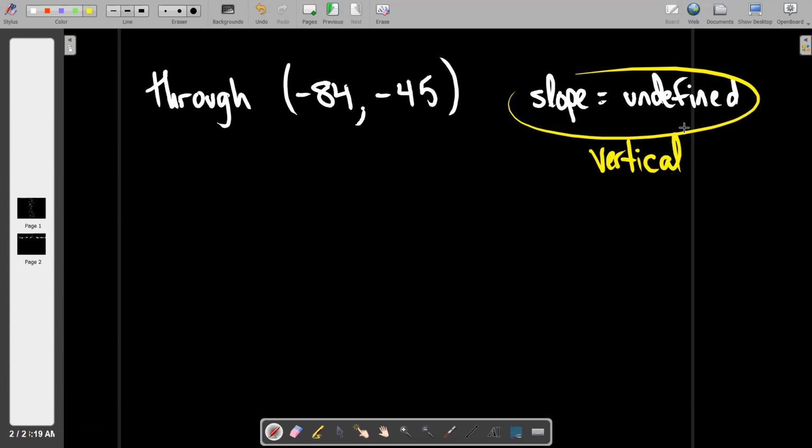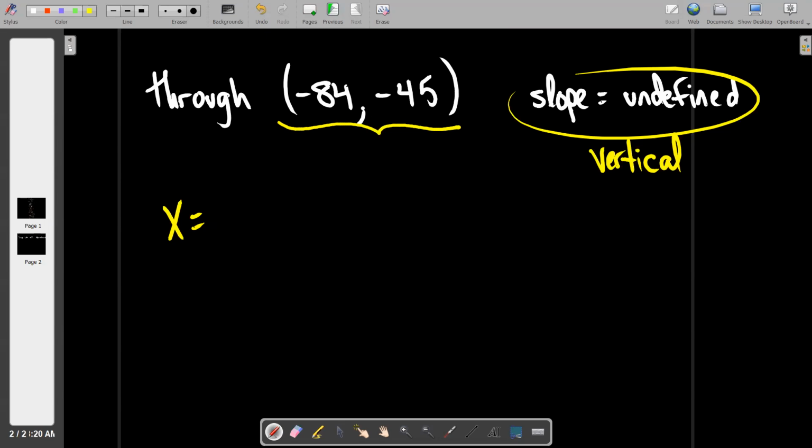And again, I go back either in my notes or in my notes in my brain, my memory. How do you write the equation of a vertical line? X equals some number. And I'm, again, sorry to insult your intelligence, but up here in what I'm underlining, which of those is the X of that point?